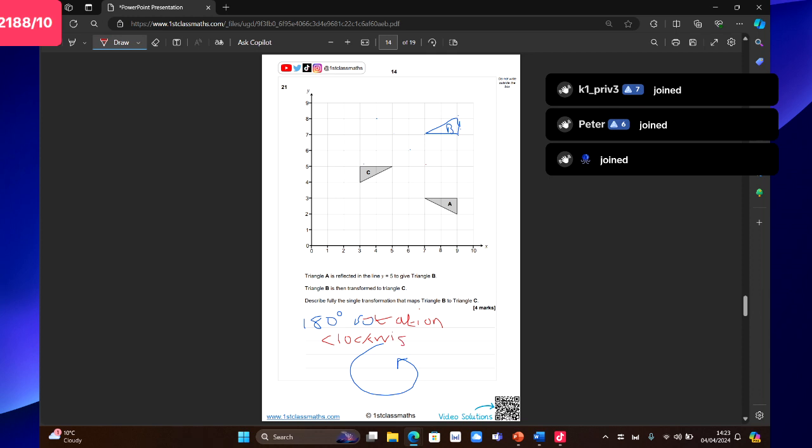So about the point, we connect up these lines. Six, six. There we go. So that'll be our point there.